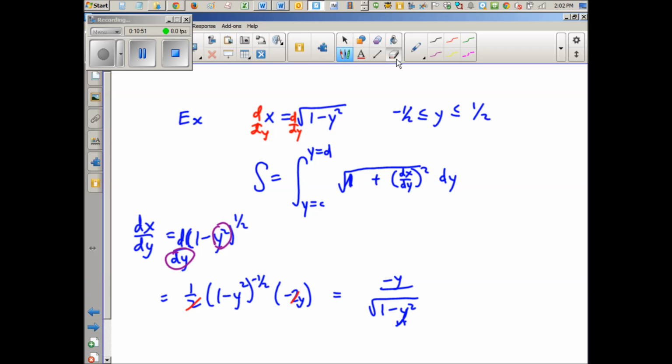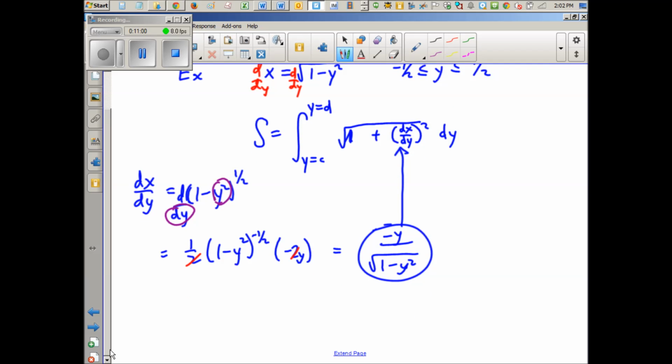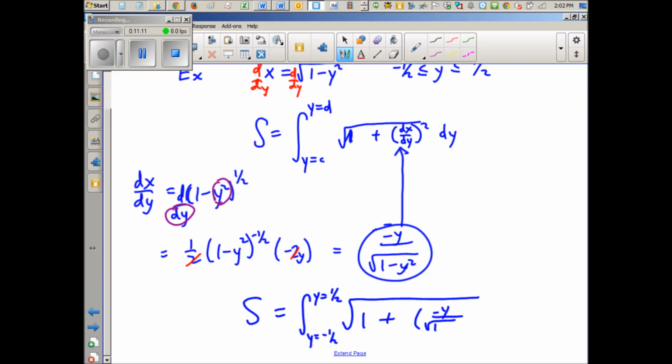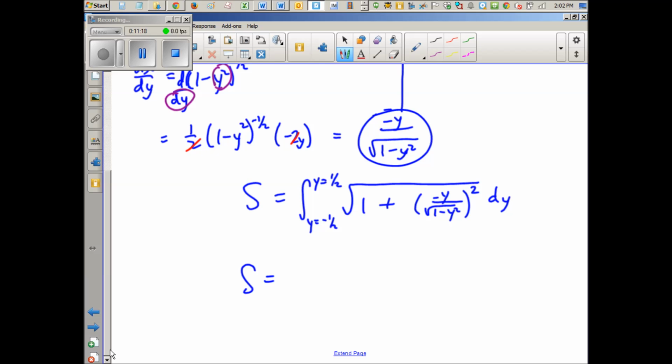And this is going to get inserted into our function. This is dx dy, it goes right into our length of the curve equation. So we're going from y equals -1/2 to y equals +1/2. We're doing square root of 1 plus (-y over the square root of 1 minus y squared) squared dy. And we get s equals the integral from -1/2 to 1/2, square root of 1 plus y squared over 1 minus y squared. If you do an LCD here, you might want to multiply the 1 top and bottom by 1 minus y squared.